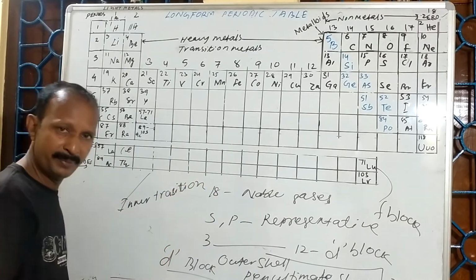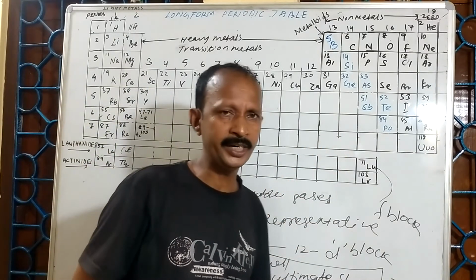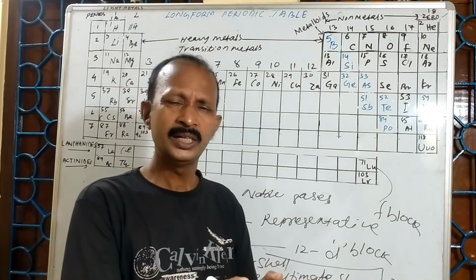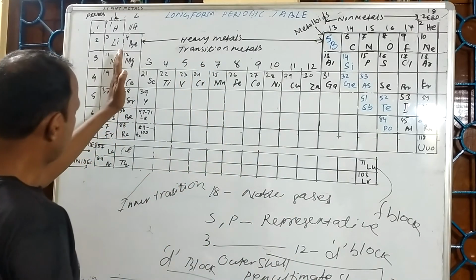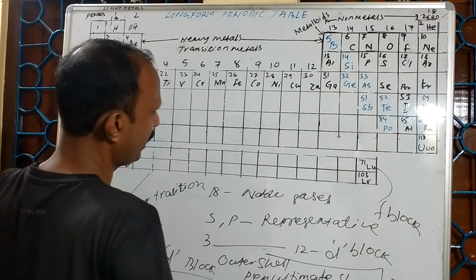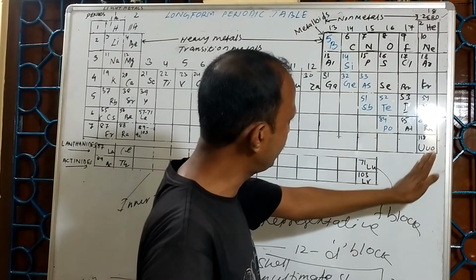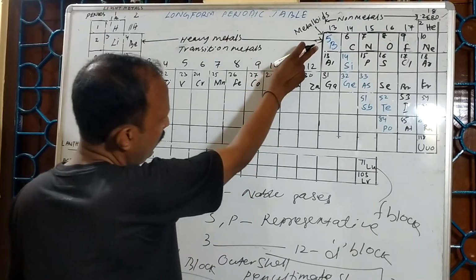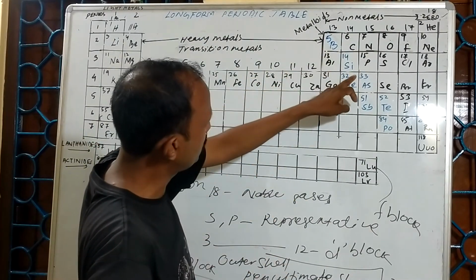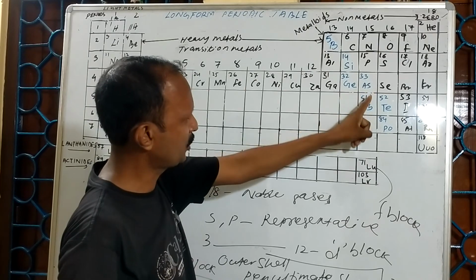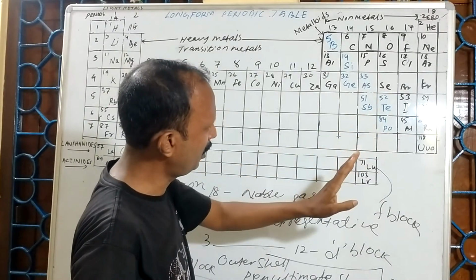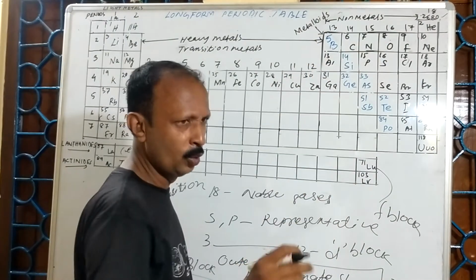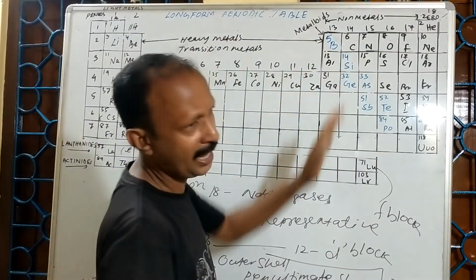Okay, in the periodic table, elements are roughly divided into metals and non-metals. Generally, those present on the left side are the metals. Those on the right side are non-metals. You see the elements: boron, silicon, germanium, arsenic, antimony, tellurium, polonium. These elements, mentioned in blue ink, are the metalloids.